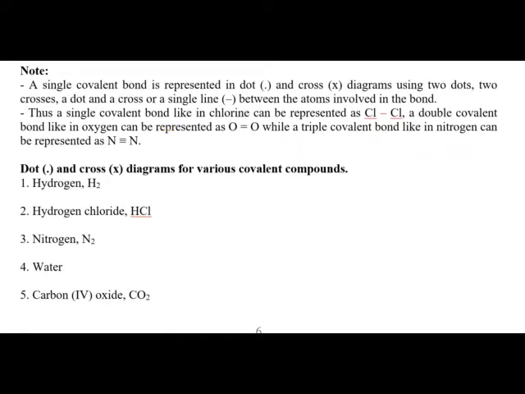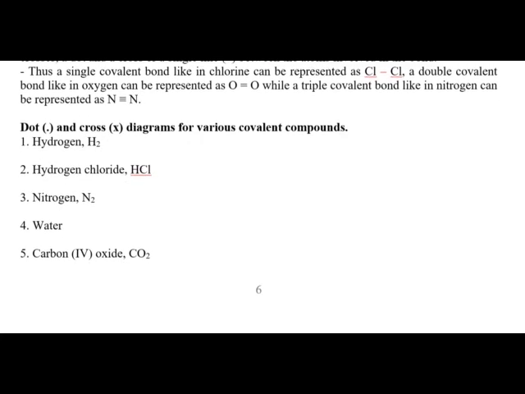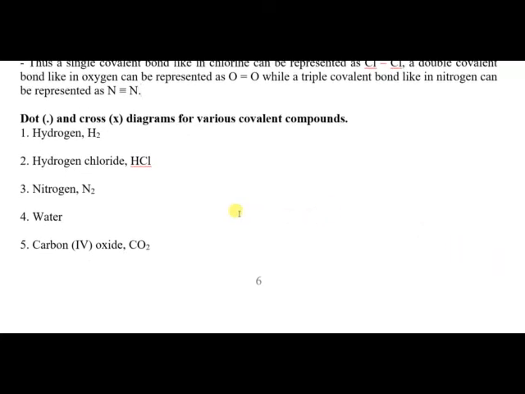Now, some of the compounds that undergo covalent bonding are the gases. I've told you most gases, in fact all gases, undergo covalent bonding. Hydrogen is a single covalent bond. Hydrogen chloride is a covalent bond. Nitrogen is a triple covalent bond. Water is a covalent bond. Water is written as H2O.